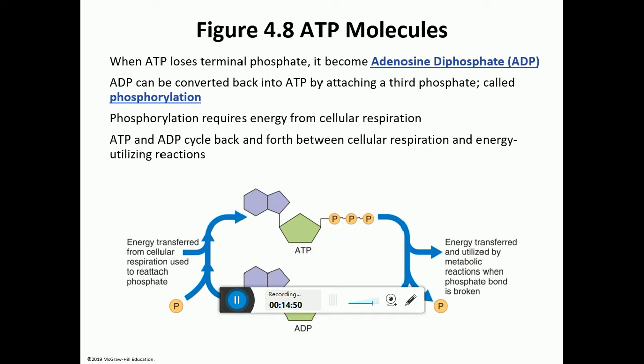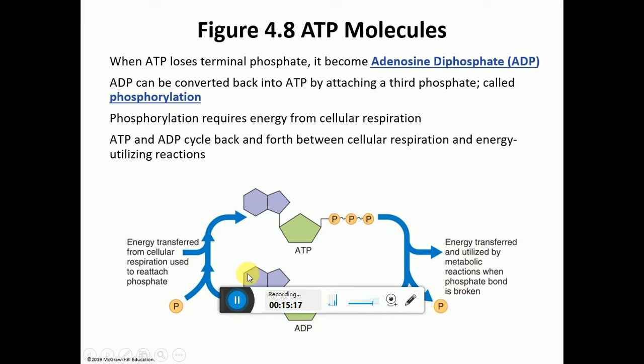So here you can see the ATP molecule up here. Whenever you need energy, the cell will release the energy that is found in one of these squiggly lines, and that will lead to what is known as ADP, or adenosine diphosphate, or 2 phosphates, and you'll release that phosphate out here.